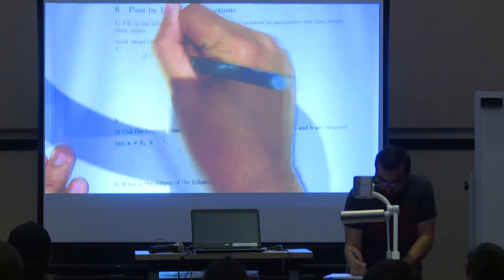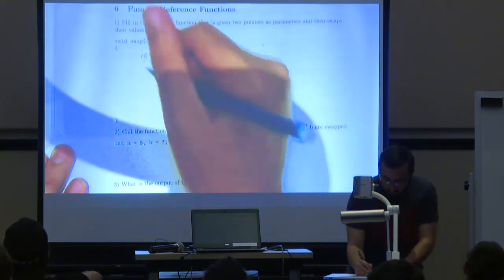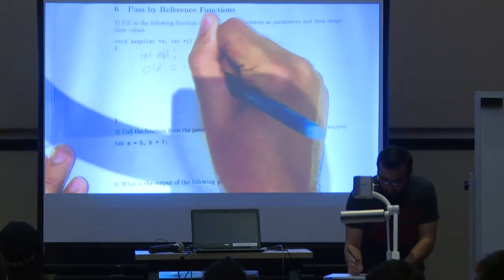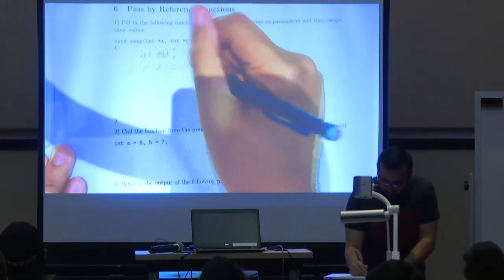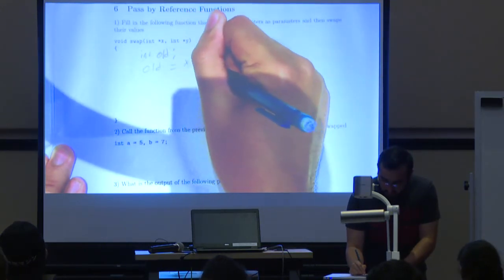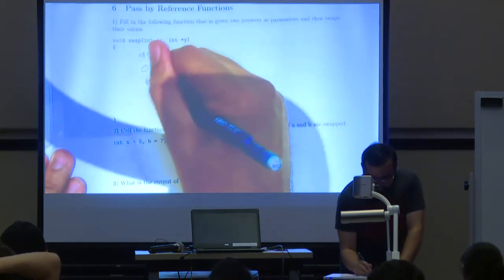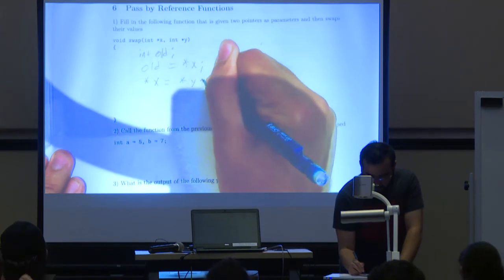It's going to hold the old value of one of these variables. So I'm going to say that old is equal to, not int, my bad. Old is going to be equal to, we're going to dereference x, so whatever value x was pointing to. Now we want to overwrite x, so we're going to say x is equal to whatever the value y is pointing to.